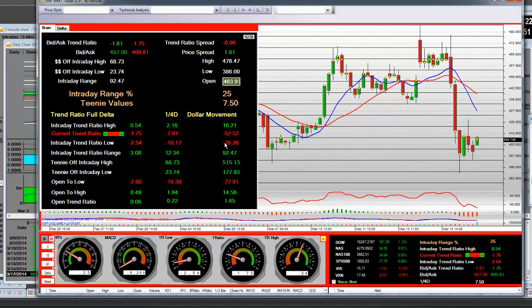That equals $76.26 on that particular line. The trend ratio altogether was really good. Three deltas, three 1/4 deltas at 12.3 quarter equaled $92.47.